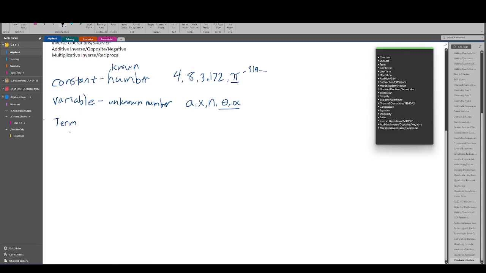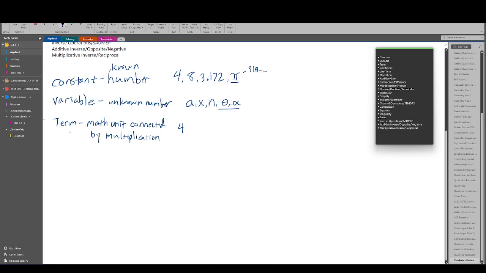A term is, I think of it as a mathematical unit, and that could be anything that's connected by only multiplication. So let's put connected by multiplication. As examples, we could have something like 4. 4 is a term. It is also a constant.